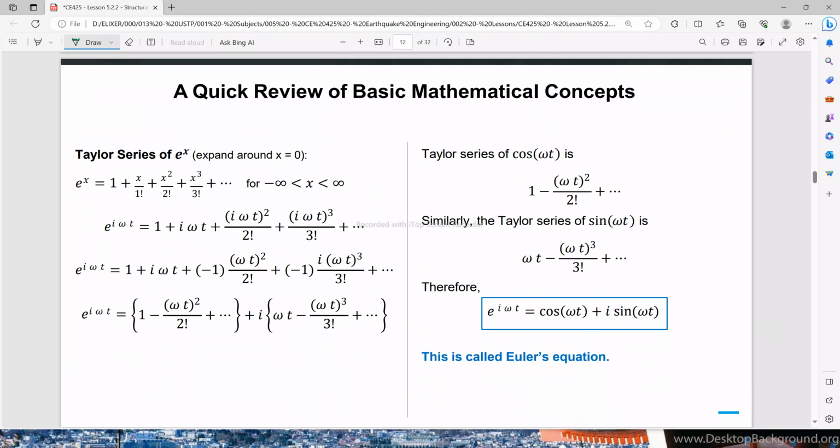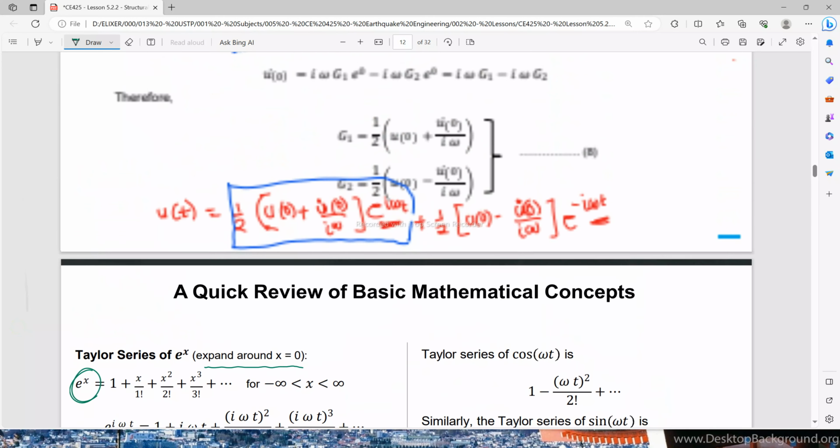So let's have a quick review again of our basic mathematics. We have a Taylor series expansion of e to the x. If we expand it around x is equal to 0, we call this our Maclaurin series. We're going to use this e to the x.